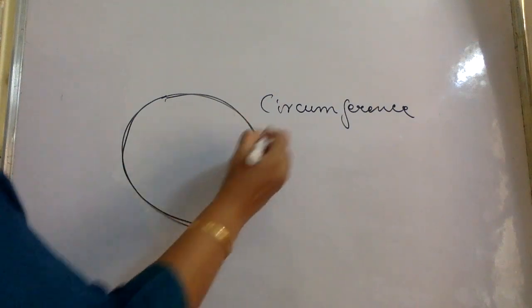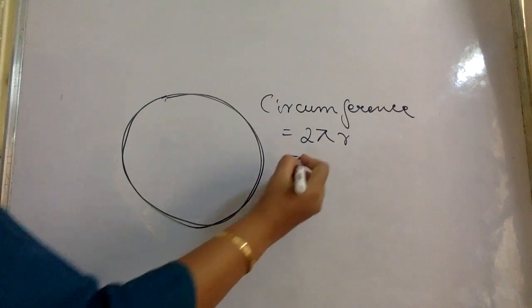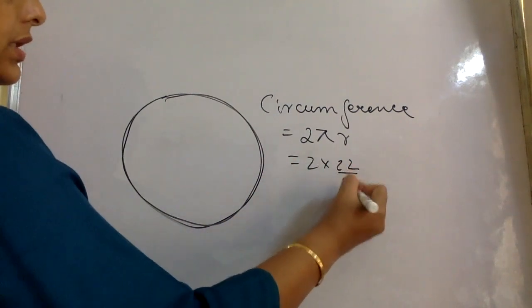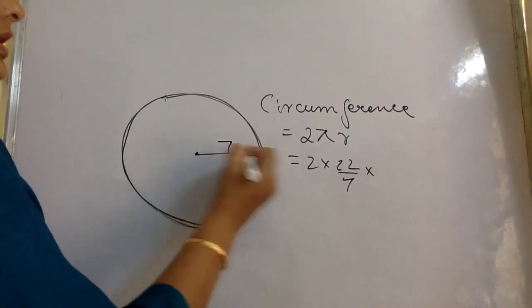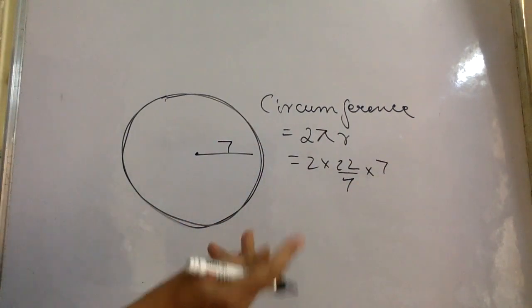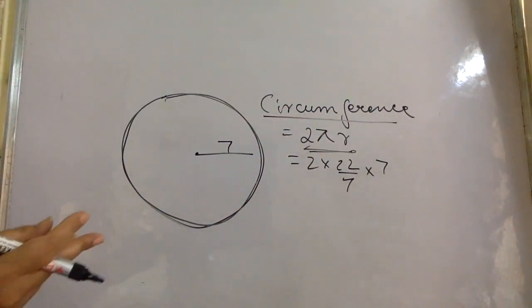And how much is it? It is 2 pi r. What is pi? Pi is 22 by 7. So 2 into 22 by 7 into whatever the radius is. If the radius is 7 centimeter, you put a 7 here. So you just have to remember this formula for the circumference of a circle.